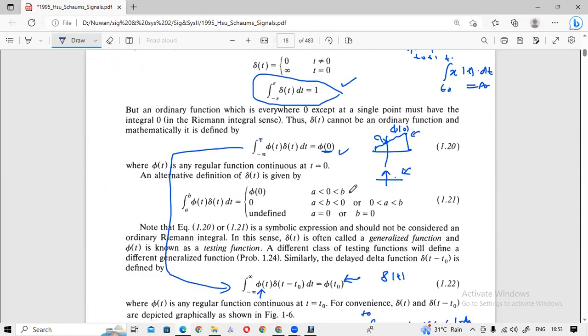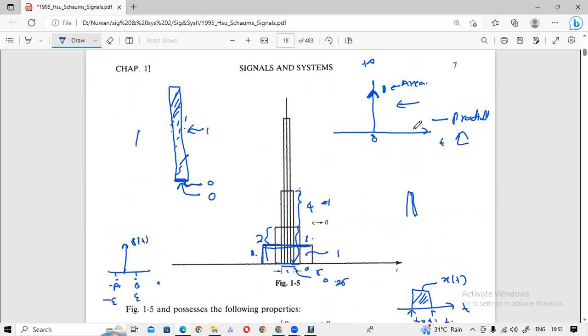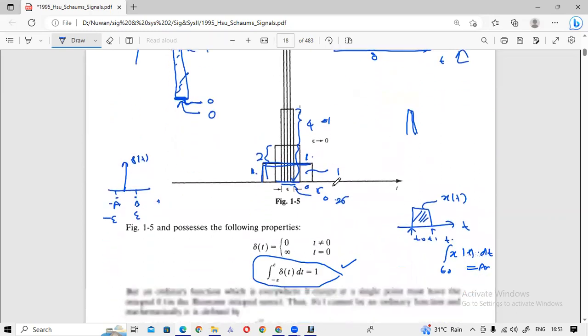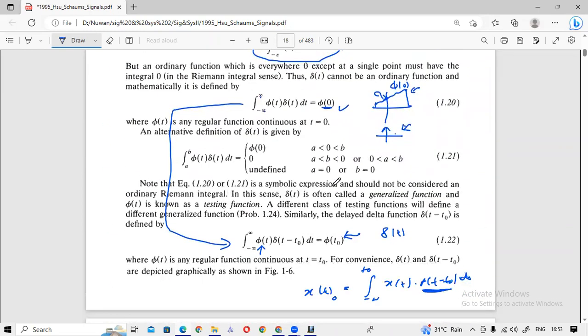Here we are not going to focus on the continuous unit impulse function, but we need the discrete unit impulse function. The discrete one is somewhat simpler than the continuous one, which is mathematically complex.